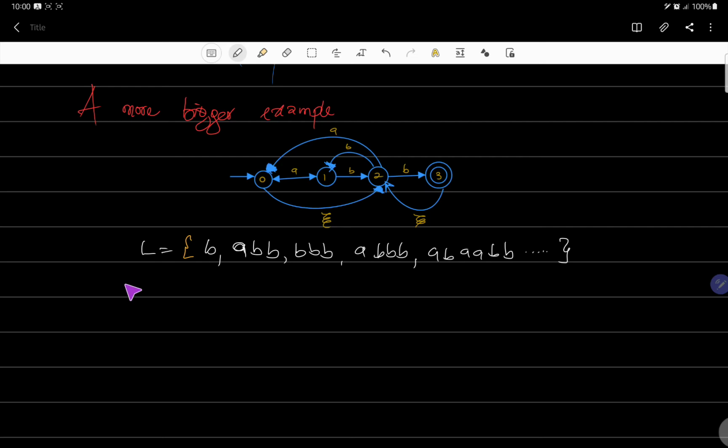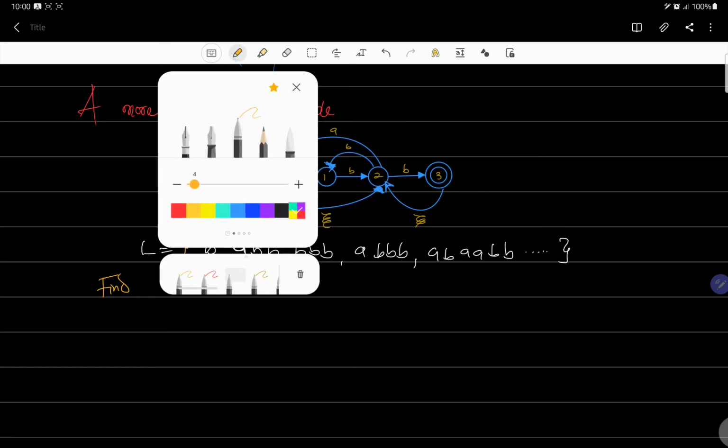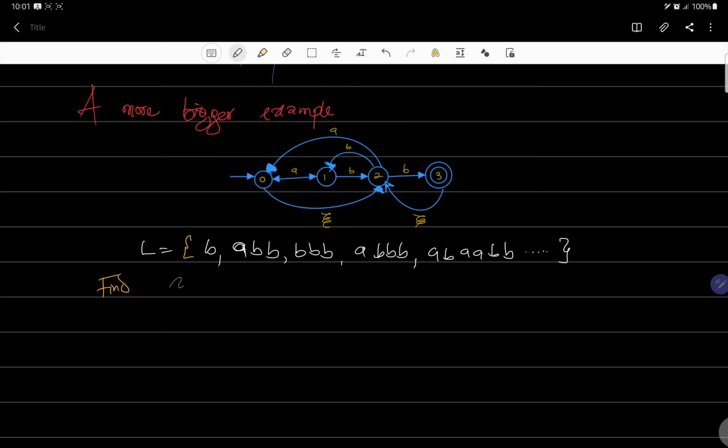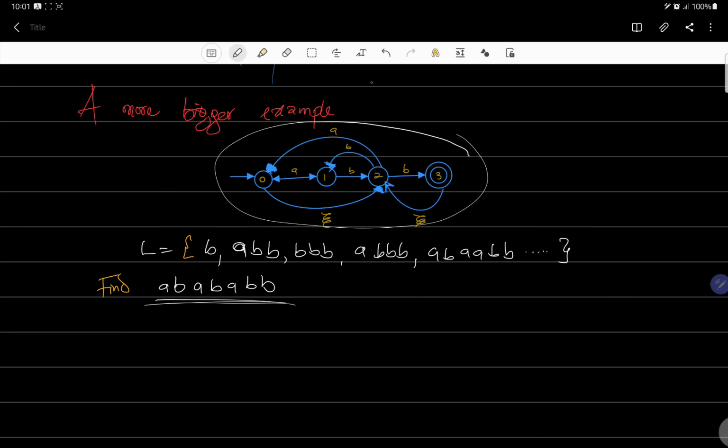Or let's say you can say, find A, B, A, B, A, B, B. Can we find this string in this expression?